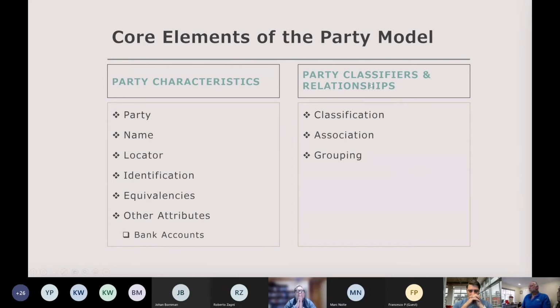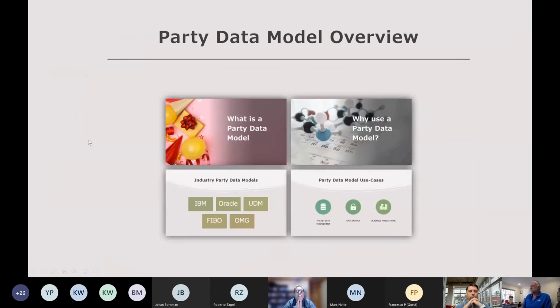Then we have this more complex scenario that we've been talking about, which is the classification of the party, its associations between different parties, and the grouping of parties. Those are the core elements of a party data model. Is there anyone that's not sure, or does that explain the different aspects of a party model? Is there anyone that hasn't seen this before?